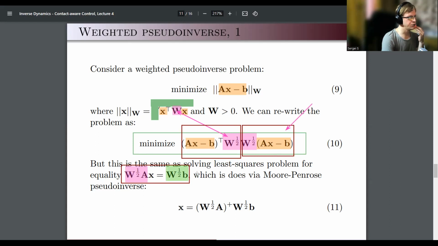And this overall thing is minimization of the norm of the residual. Because again, we can ditch the square root that appears in the norm. So what we get is just a dot product of the residual with itself. That's what we minimize here.